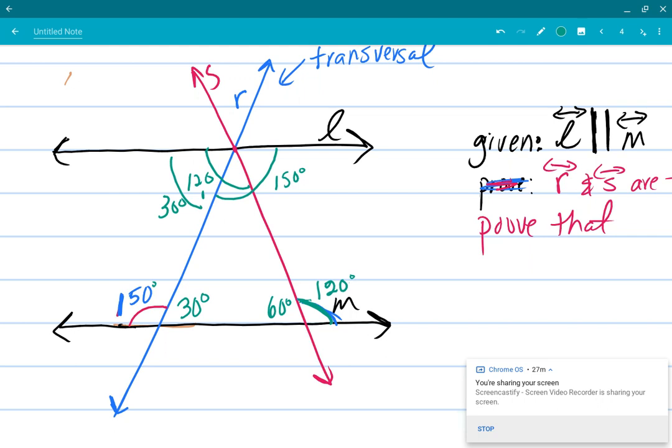And across from that would be right there, because these two together have to equal what? 180. Sorry, 120. There you go. So what do the three interior angles add up to? 180.